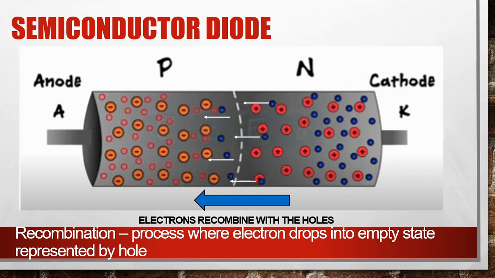Recombination, again, is the process where an electron drops into an empty state represented by a hole. During recombination, these electron-hole pairs are being created. At kapag nag-combine tong electron-hole pairs, it disappears because it was converted to energy.